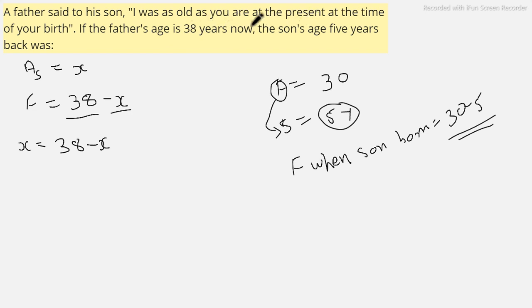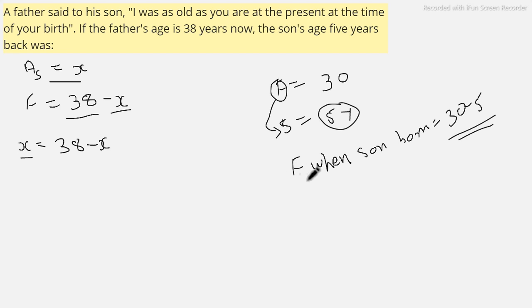So the son's present age is x at the time of your birth. So at the time of birth, what will be the age of father? So when his child was born, what will be the age of father? That is 38, his present age, minus the age of his son.